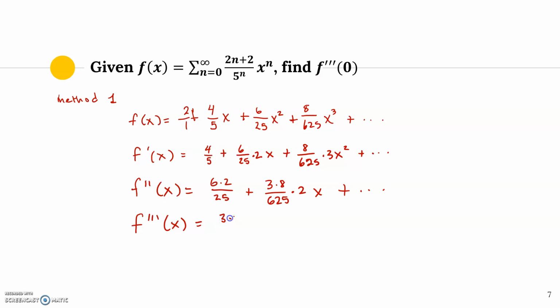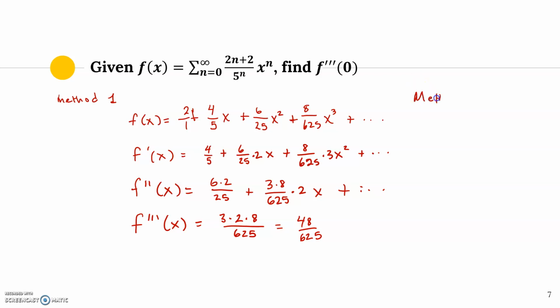And so I just have 3 times 2 times 8 over 625. And that is going to be 48 over 625. And that would be my third derivative. And the reason I know that's my third derivative at 0 is because this term, by the time I get the third derivative, would have an x in it. And when I plug in 0, that would go away.